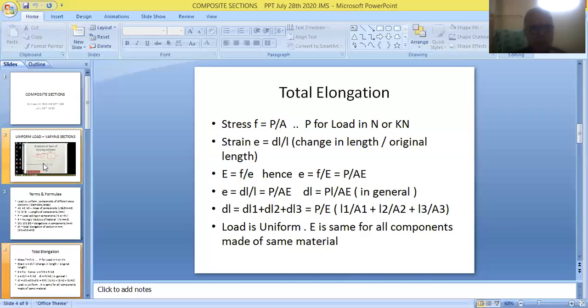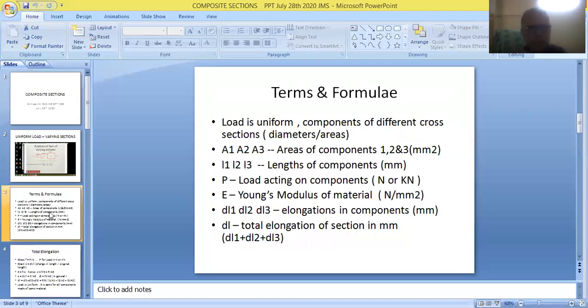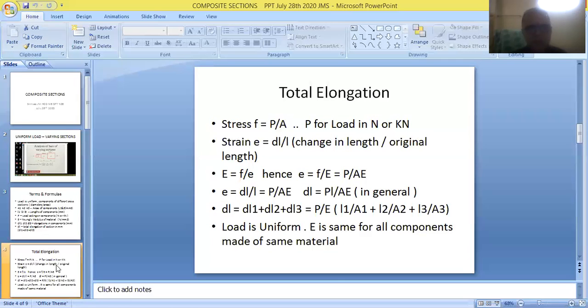So friends, this is the formula which we have seen in this slide, and we were talking about DL values. Now, how to get the general formula for measuring DL value? This is obtained by using all these fundamentals: stress formula, strain formula, Young's modulus formula, rewriting all these things, and ultimately we get this wonderful equation where DL is given as PL by AE.